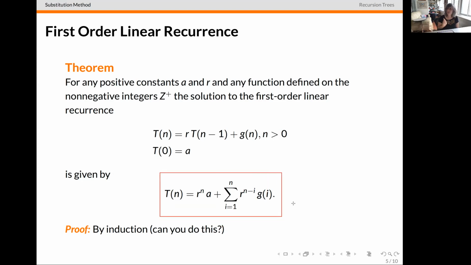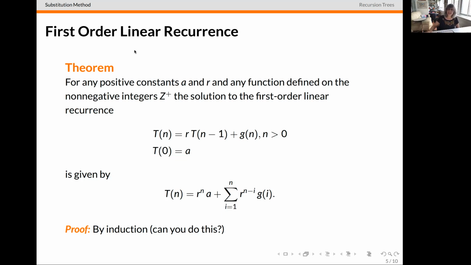And so we have a theorem that tells us what is the expression of t of n as a function of n, starting with the recurrence. So it's very useful to be able to have theorems like this, because we don't have to do the work all the time. But of course, the assumptions have to be satisfied, and they're not always satisfied.